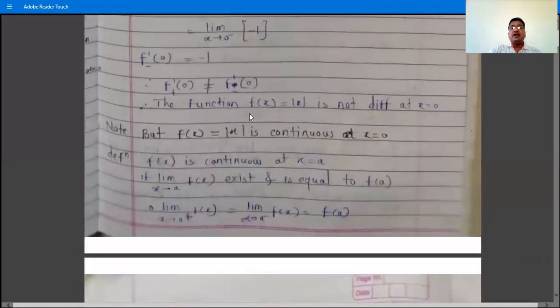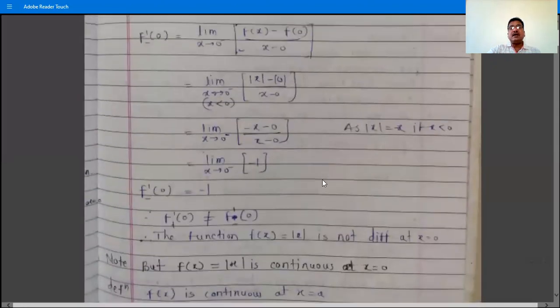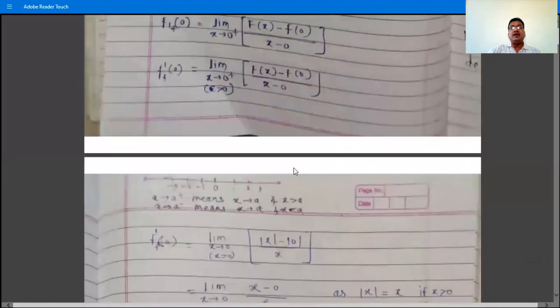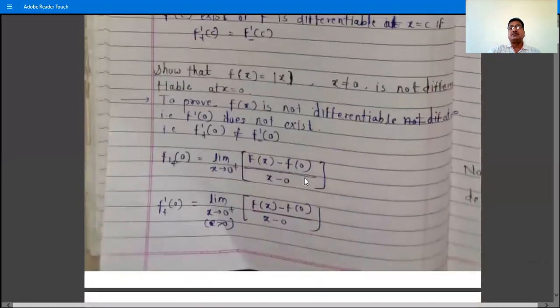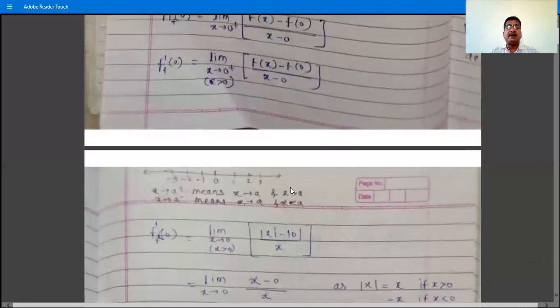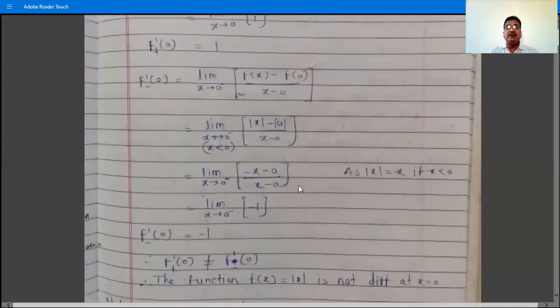So this function mod x is continuous at x equal to 0, but mod x is not differentiable at x equal to 0. And therefore, we have the counter example for the statement that if the function is continuous, then we cannot say the function is differentiable at that point. So continuity does not imply differentiability, but the converse is true, that if the function is differentiable at some point, then the function is continuous at that point.